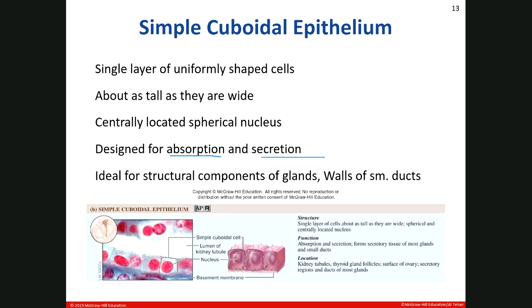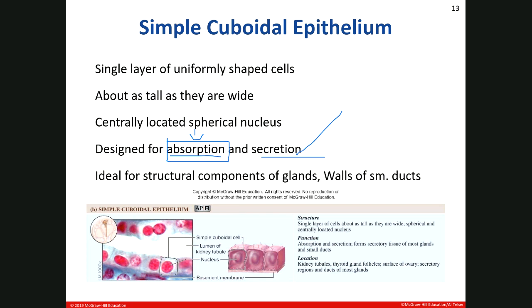With simple cuboidal, we're going to see this absorption later in 211 when we're talking about renal physiology. The renal tubules have a simple layer of cuboidal cells that exchange certain molecules. Some will exchange hydrogen ions, and some will exchange sodium and potassium. We'll see that occur across those cuboidal cells, so it's great for absorption.